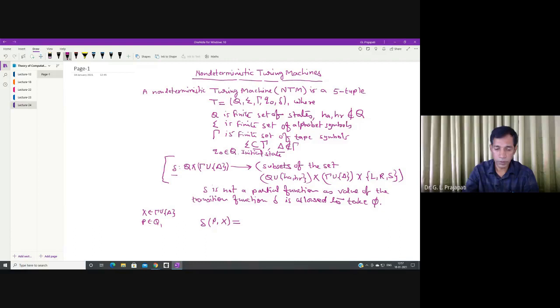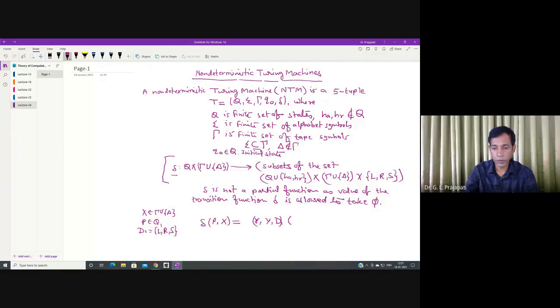From this state your machine may go to the state R, modify the tape symbol to Y, and move the tape head in direction D1, which can be either L or S. So this is one output.